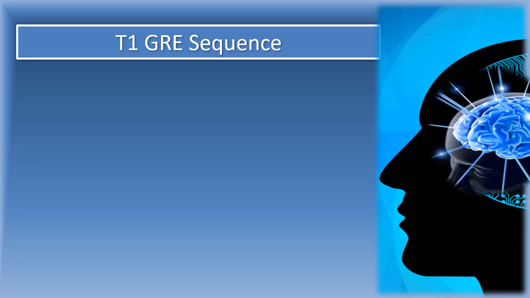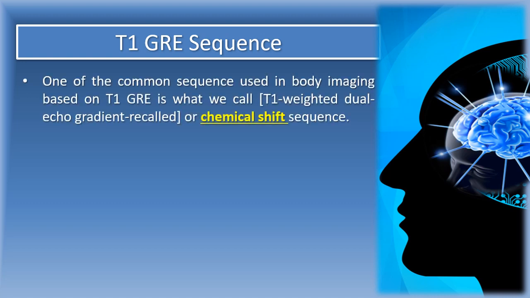One of the commonest sequences belonging to this group, as we have mentioned, is what we call the chemical shift. Actually, the chemical shift has a longer name. It's called T1 weighted dual echo gradient recalled sequence, but we use the simple name, the chemical shift.